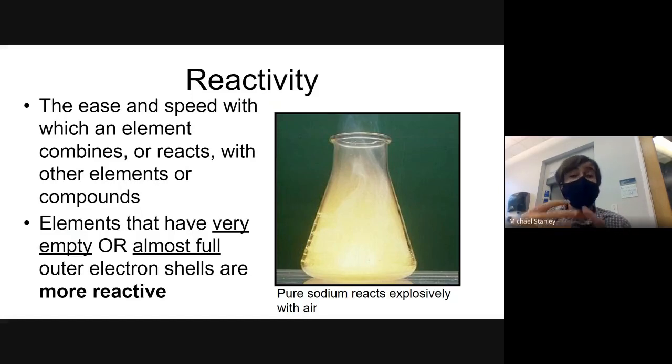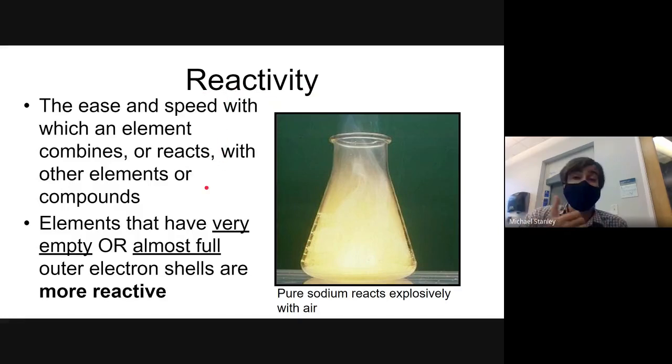An atom that's more reactive is more likely to go through a chemical reaction with other atoms and elements, usually in a very rapid and sometimes explosive way. So the easier and speedier that atoms go into reactions with each other, the more reactive they are.